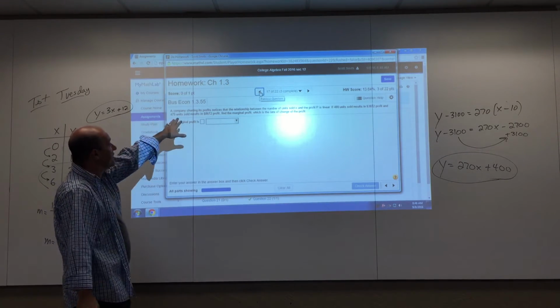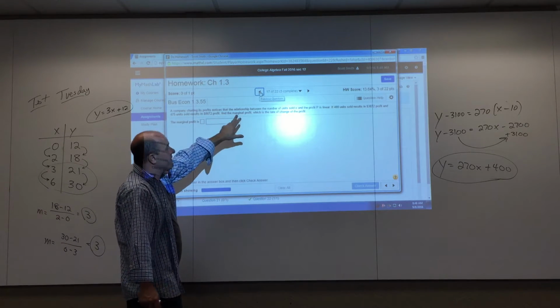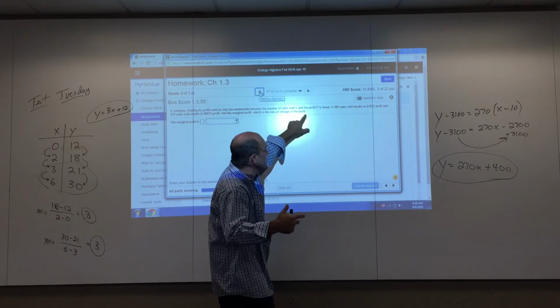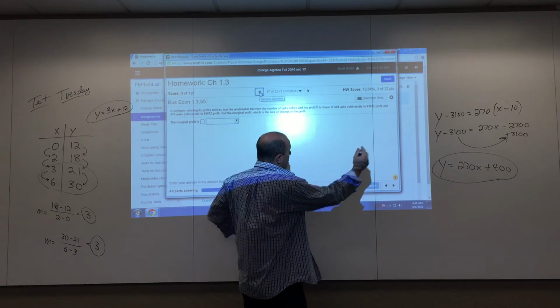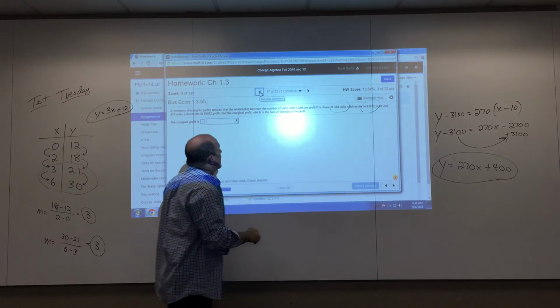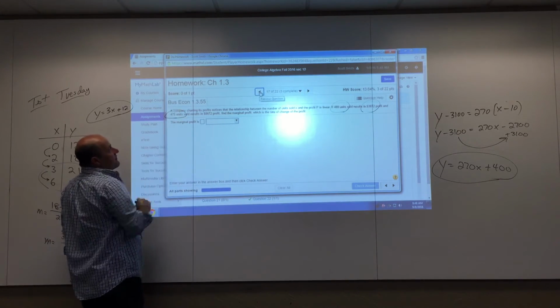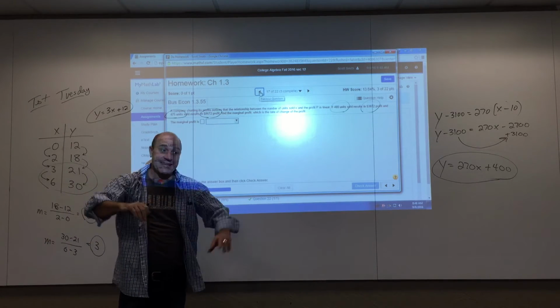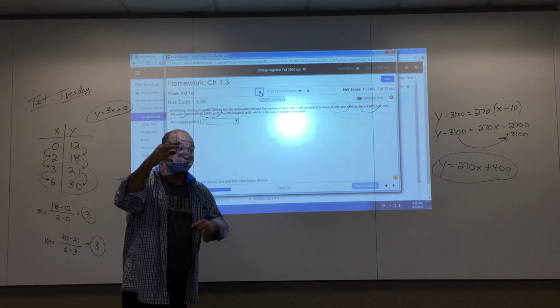Real quick here, this is a word problem about profits. X is the number of units sold, and P is the profit. And look what they say. If you sell 400 units, you get this much profit. If you sell 475 units, you get this much profit. So it seems like they're giving me 2 points again.